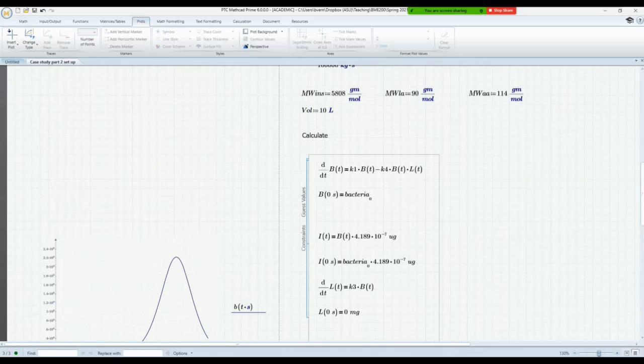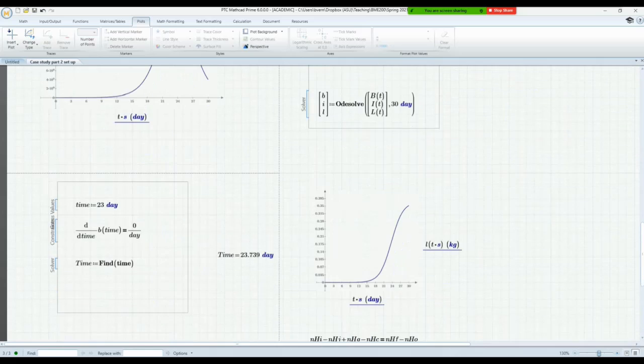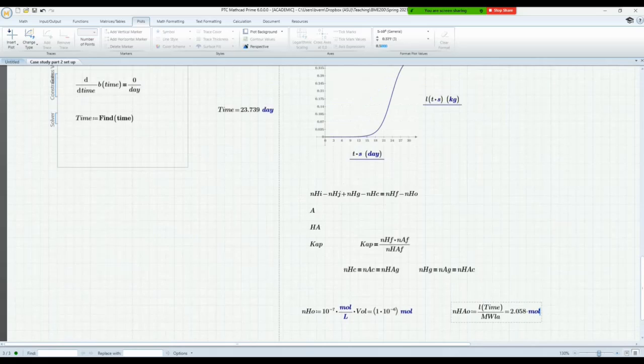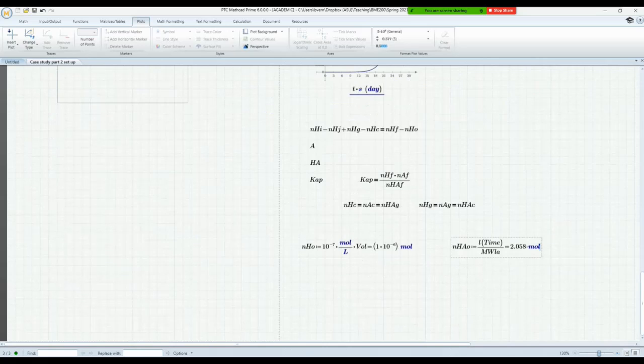So that's the number of moles of lactic acid that get put into your 10 liters. So that's your NHAO.